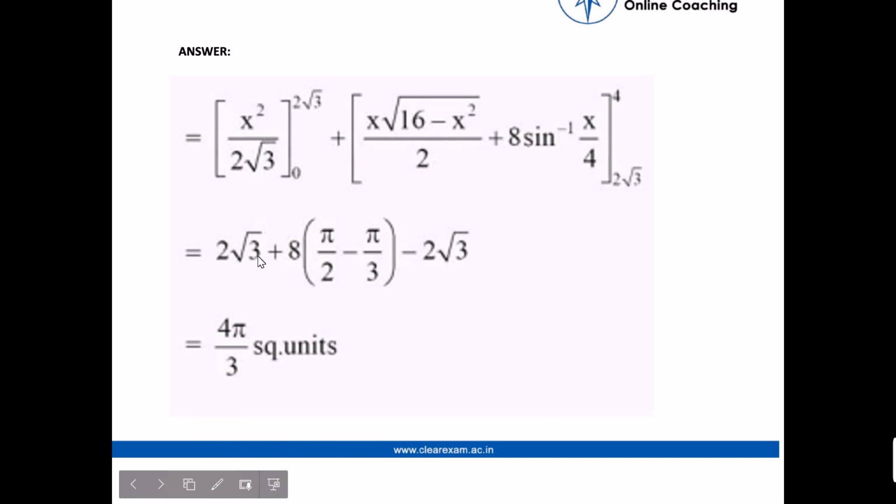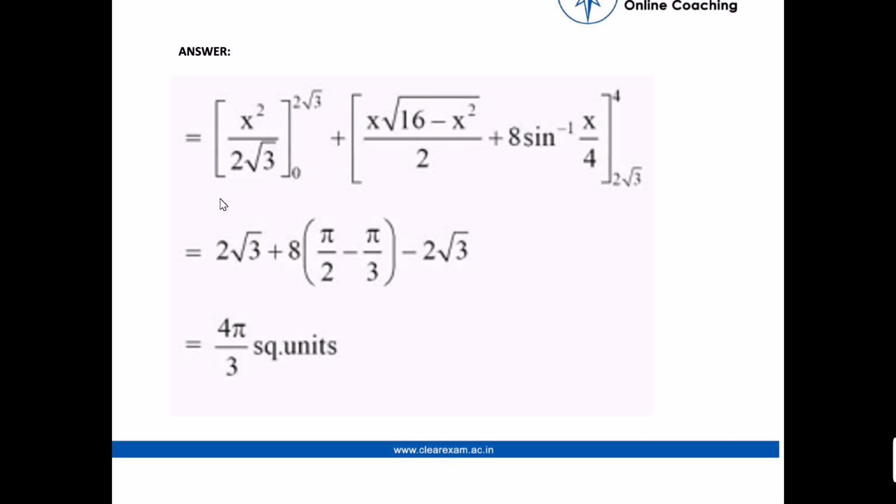After solving the equation, we will get x square upon 2 root 3 with range 0 to 2 root 3, and the bracket x root (16 minus x square) upon 2 plus 8 sin inverse x by 4, whose range will be 2 root 3 to 4.